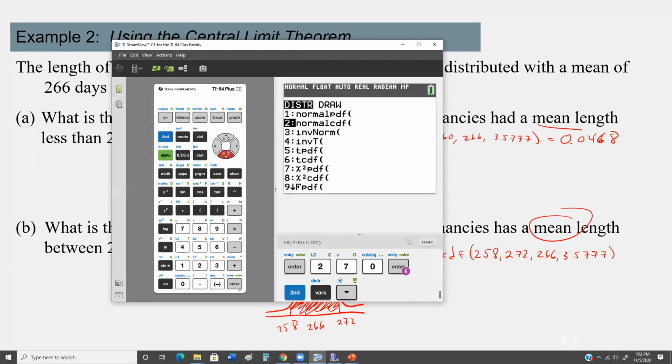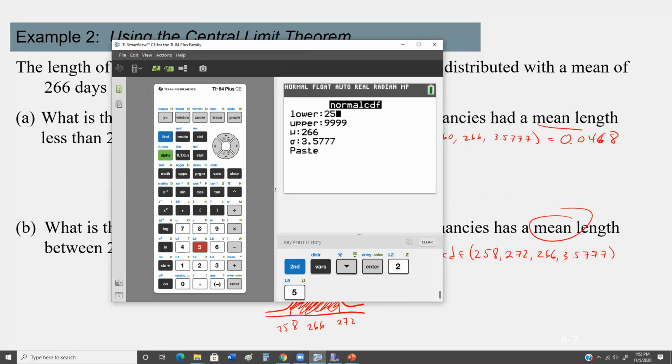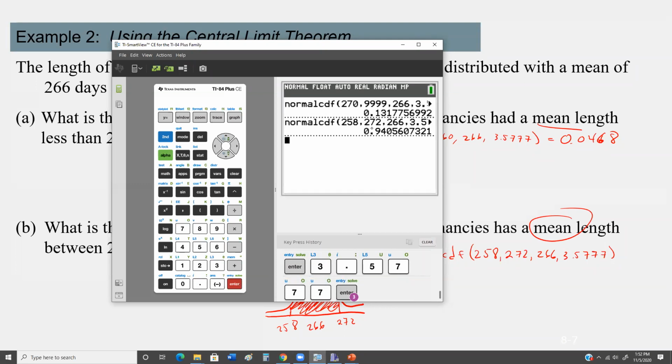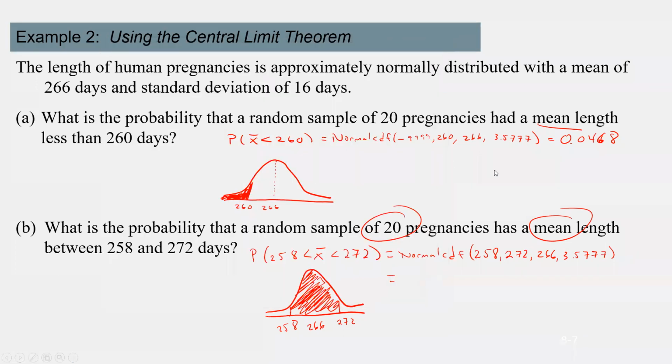So in the TI-84 here, just so you can see the difference, it's 258, 272, 266, 3.5777. And you should get 0.9406 when I round it. Anybody else get that just to verify? Awesome, 0.94. I appreciate the help in the chat there. 0.9406.